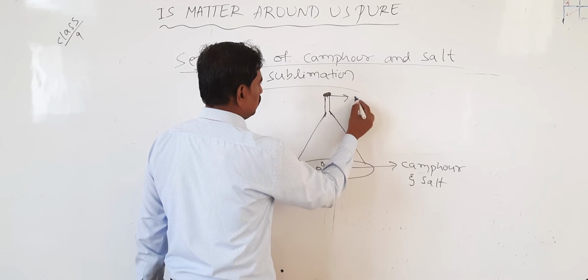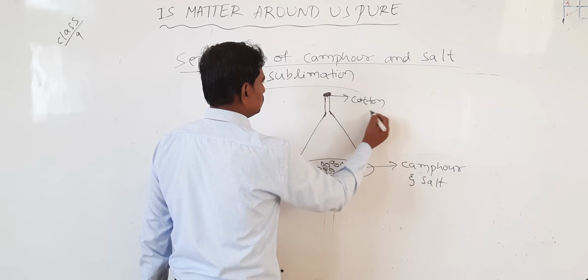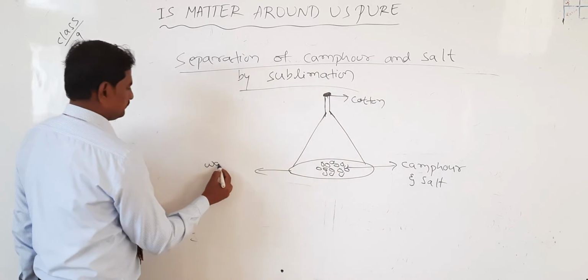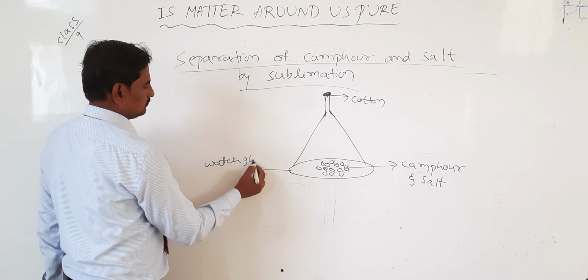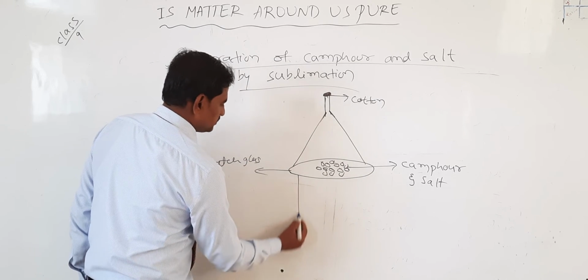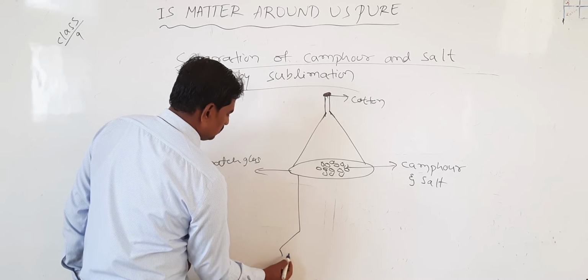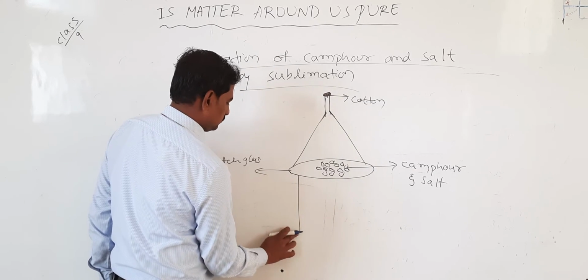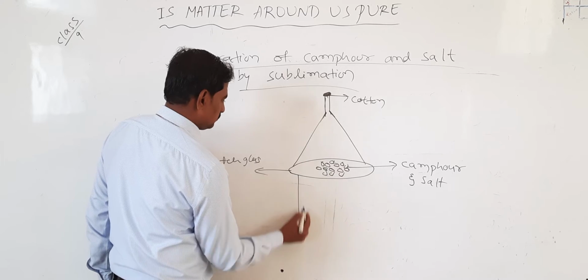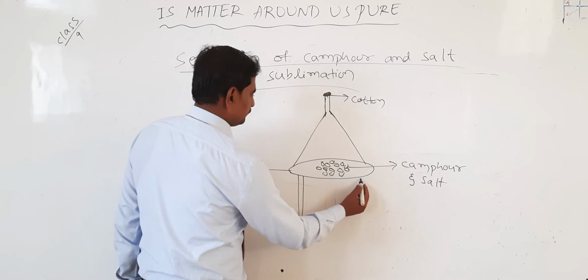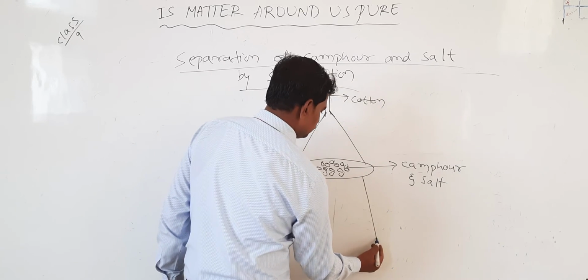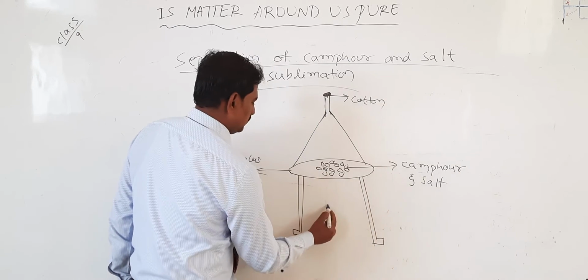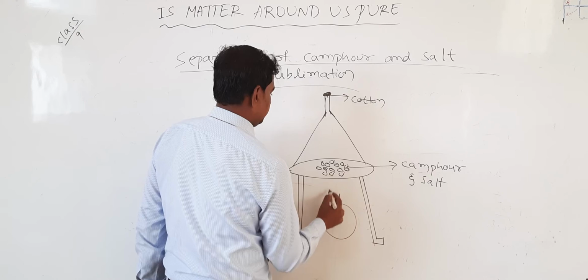Then the next is the watch glass; keep this on the tripod stand. Heat slowly with the burner.